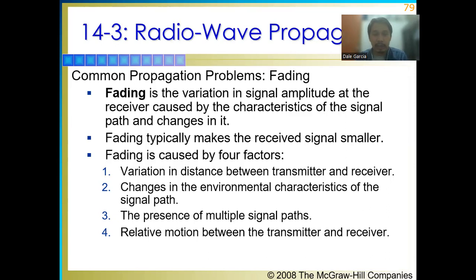I think it's just a matter of the terms we use. We refer to the dropping of the signal level due to distance, which is natural, as attenuation. The attenuation of signal increases with distance, and that's normal. Fading is another kind of phenomenon.